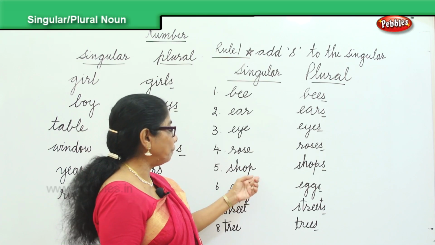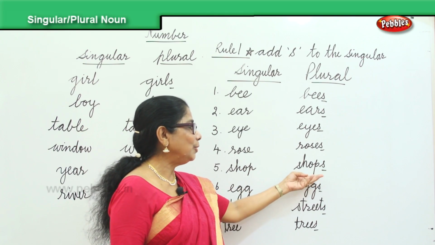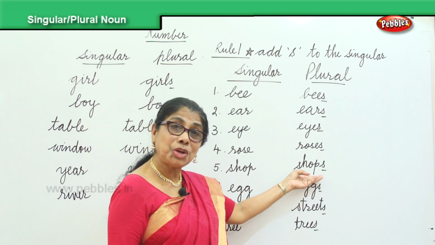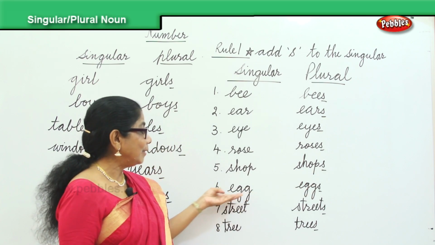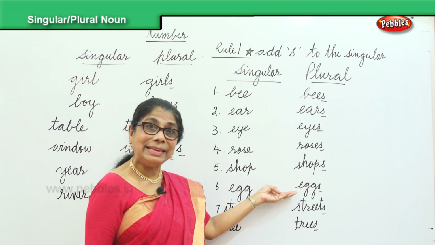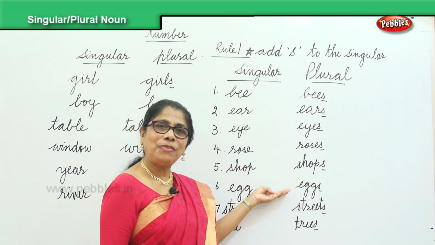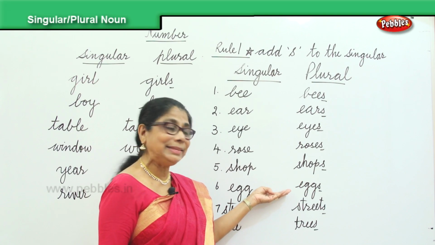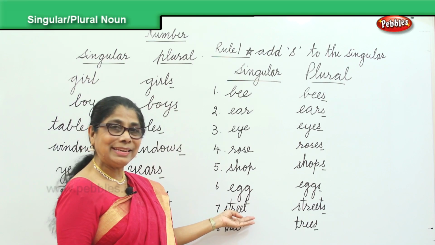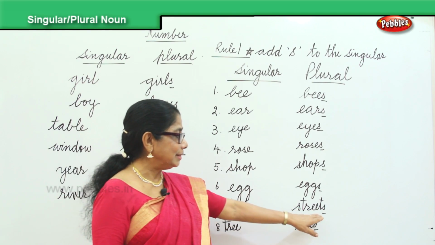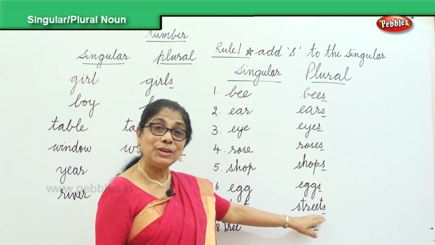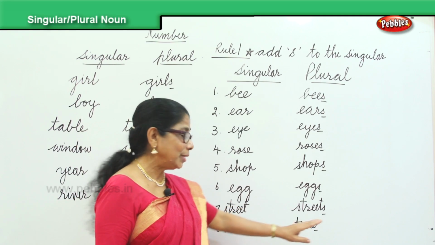You have shop, you added s and you have the plural form shops. Then you have egg, many eggs, you added an s to form the plural form eggs. Then you have street, there are many streets, you added an s to form the plural form streets.